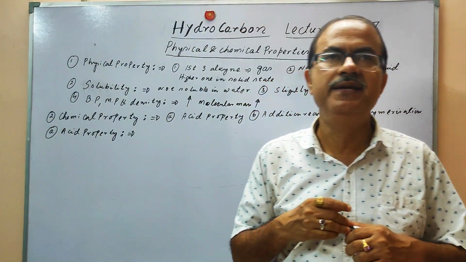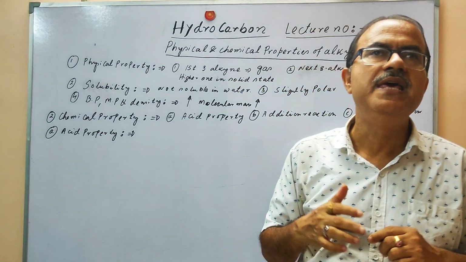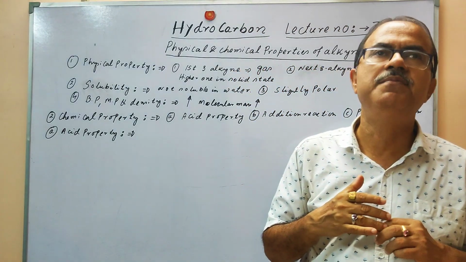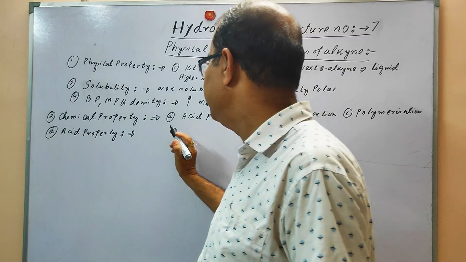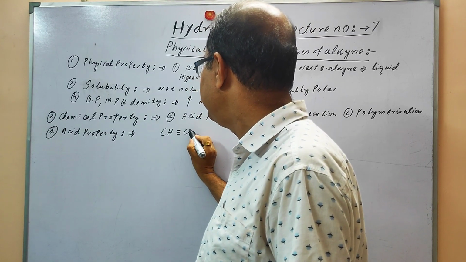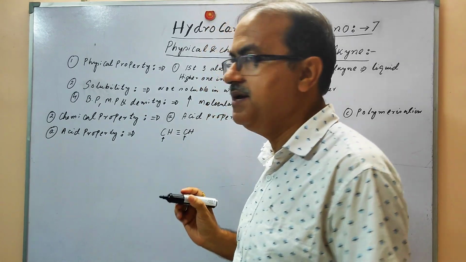The reason behind it: if you see, the hybridization of the carbon in the alkyne is sp hybridization. Sp hybridization means, suppose this is acetylene. Here you can see this carbon is sp hybridized.